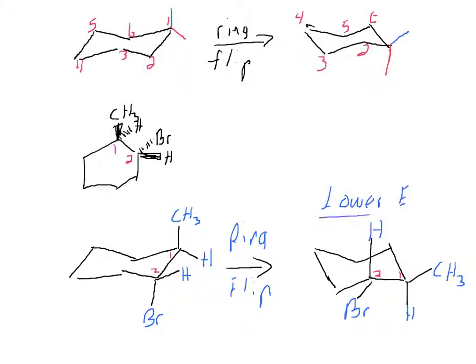It stays in this conformation more of the time because of these 1,3 diaxial interactions. If I start drawing in the other axial bonds, you'll start to see that when things are in the axial position, it's more likely for things to bump into each other, which of course we don't want to have happen.